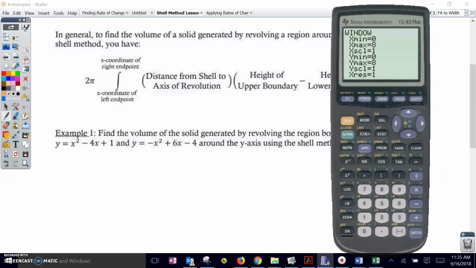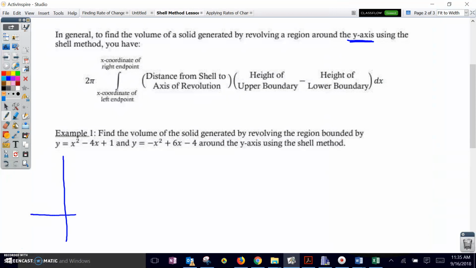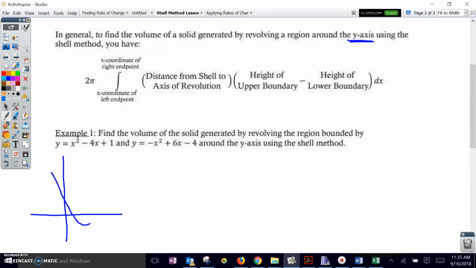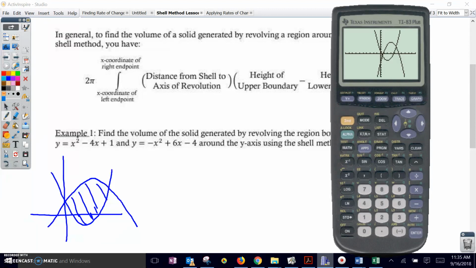We'll go ahead and look at this in a standard window. And there's our picture of the two curves. Just going to jot a quick sketch down of that. We've got a parabola and another parabola. That's our region that we're revolving around the y-axis.